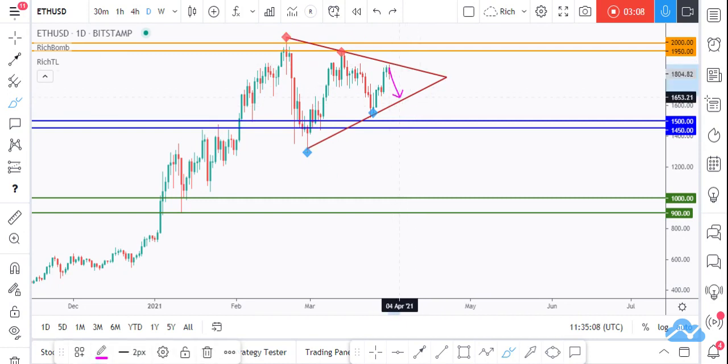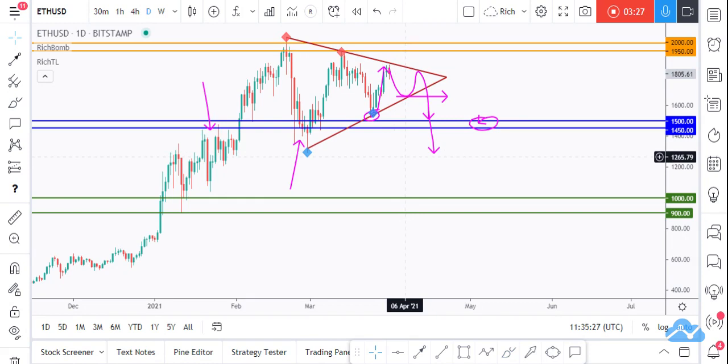For example, if price breaks this one downward like this, of course, it wouldn't be confirmed unless the price breaks below this zone because it's a very strong zone. It was acting as resistance here, support here, and we were looking for buy here, as per my last video analysis. Anyway, let's focus on the current price action.